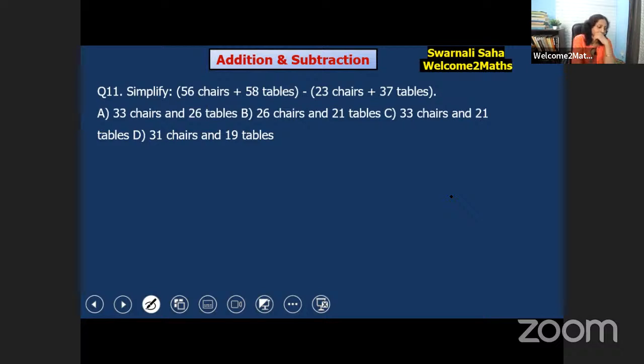After simplification, which would be the answer that you have to find out? Let's see A, B, C, D, which would be the right one? Just do one side only, find out the chairs, you can find out the answer.